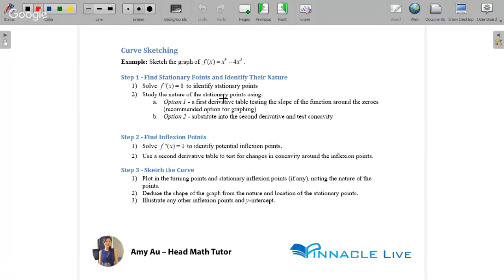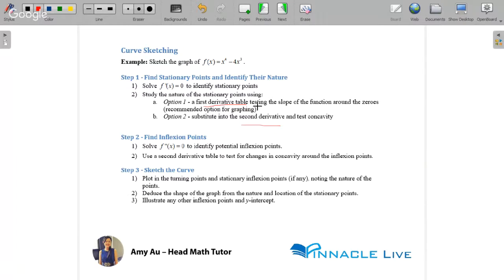Then we can study the nature of the stationary points. You actually have two options here. You've got a first derivative table and a second derivative test. I would suggest if we are doing this test for graphing, always do the first derivative table because it gives you the shape of the graph.